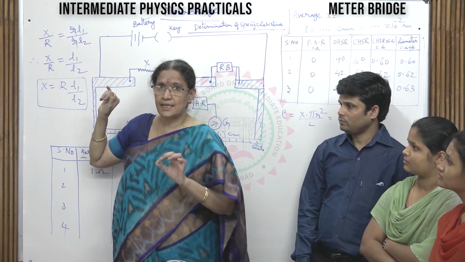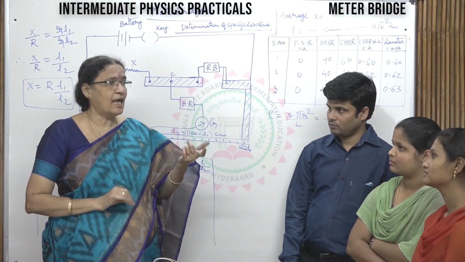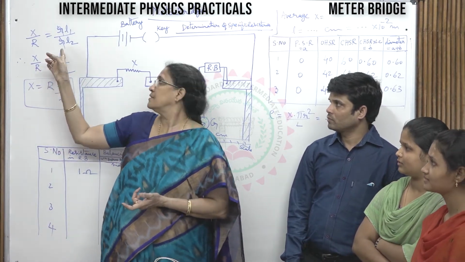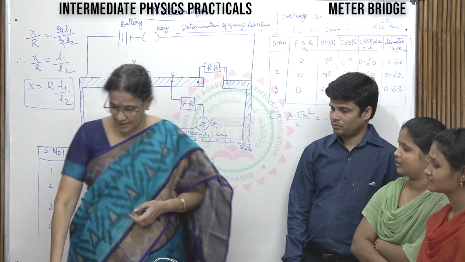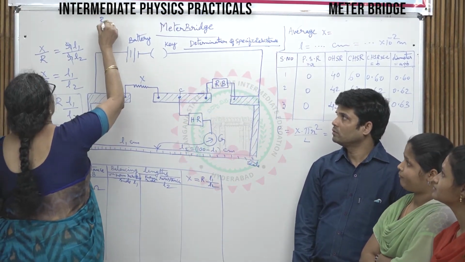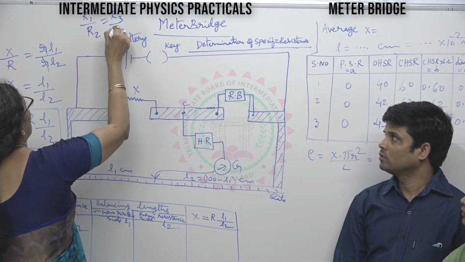So, for 1 centimeter, if R ohms is the resistance, for L1 centimeters, how much it will be? L1R ohms. So, instead of that, what you have learned from theory, R1 by R2 is equal to R3 by R4.